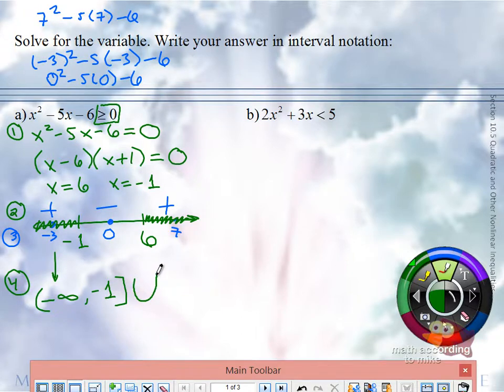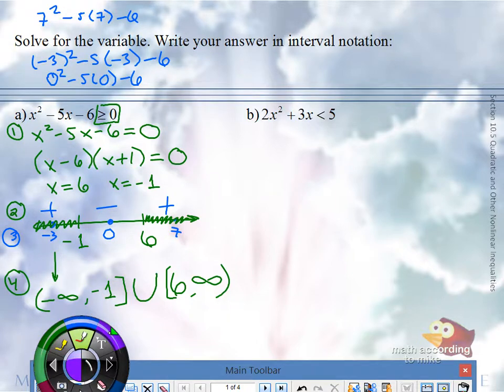Where does it start up again? Included or not included? And how far right does it go? Positive infinity. Good. So if you pick a number less than or equal to negative 1 or a number bigger than or equal to 6, it'll be a solution to our inequality.